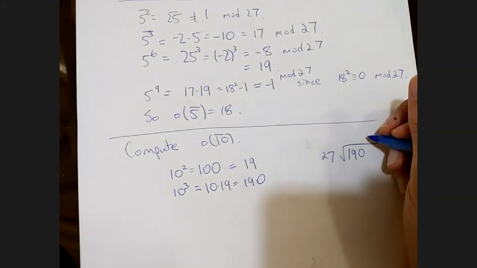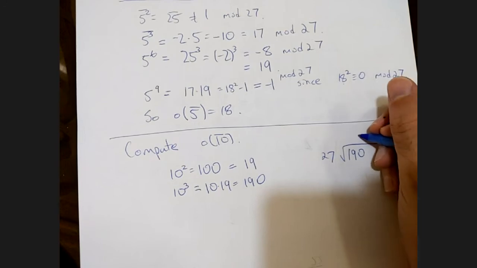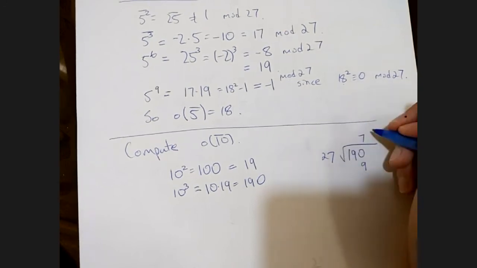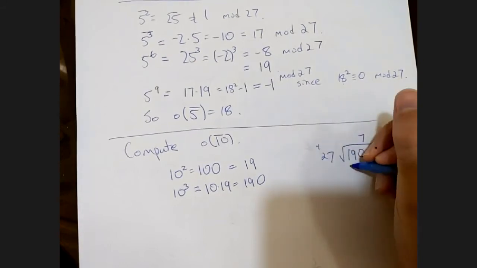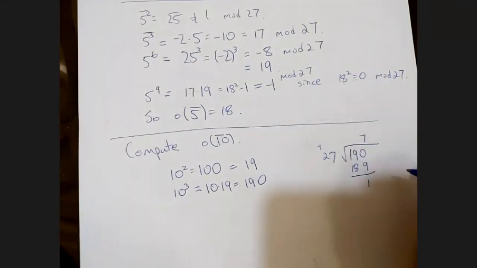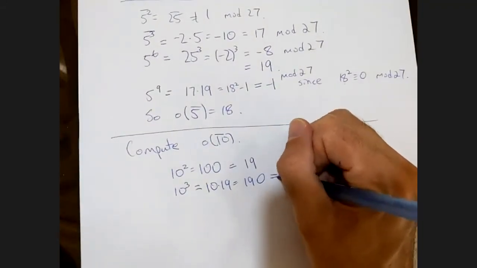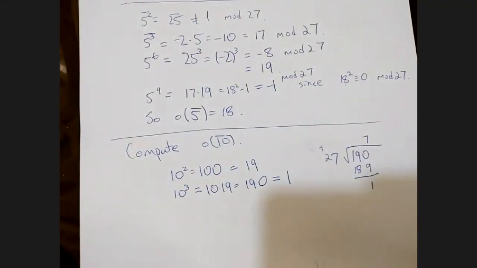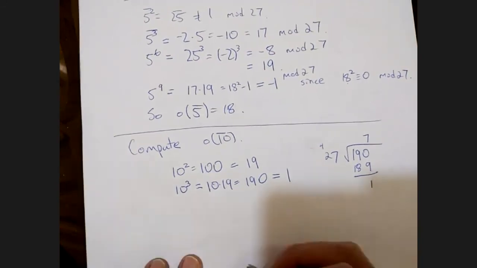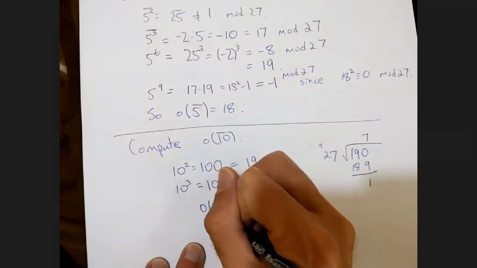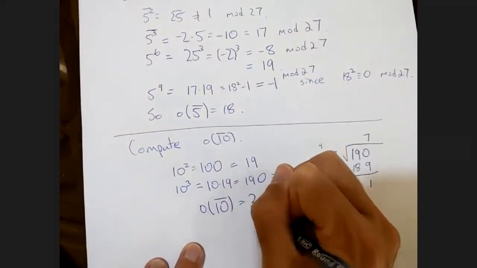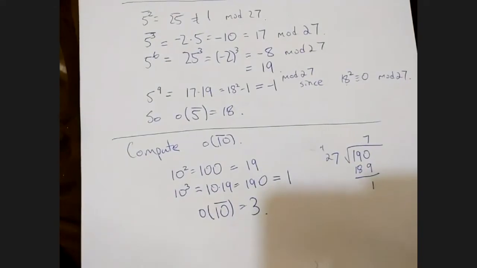It goes in 7 times, and we have a remainder of 1. So 10 cubed is actually congruent to 1 mod 27. So now we stop. The order of 10 is 3.